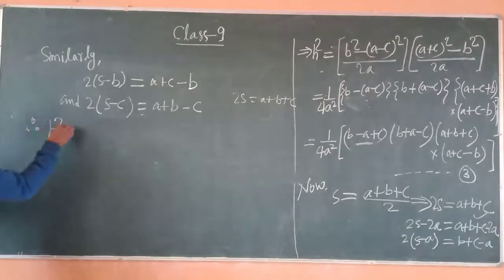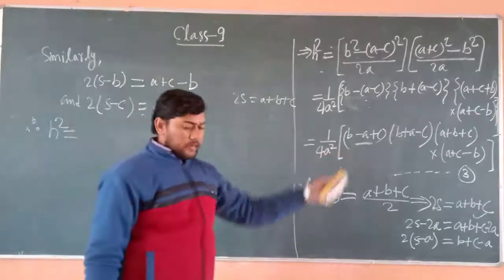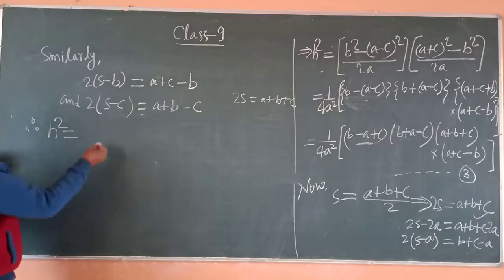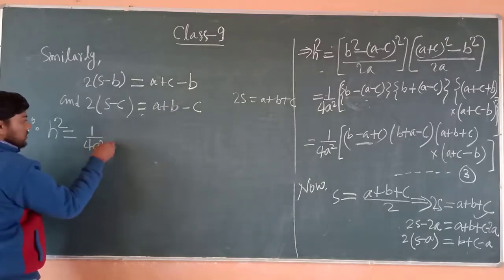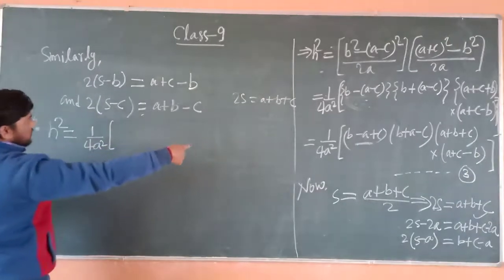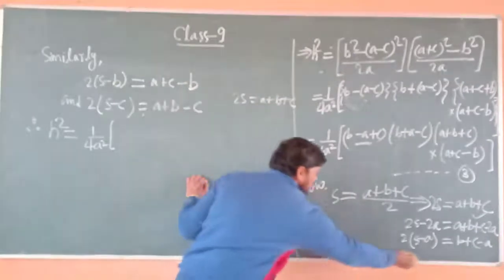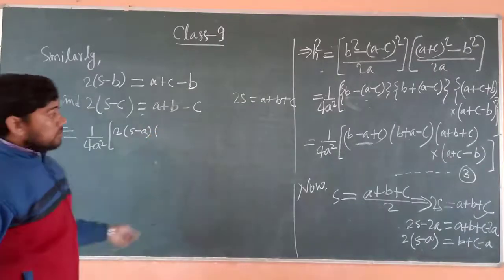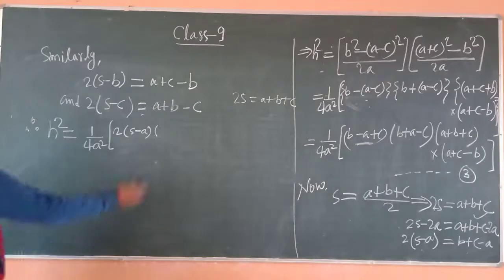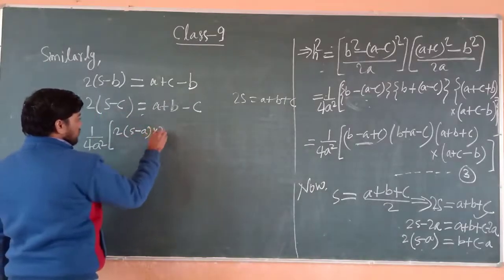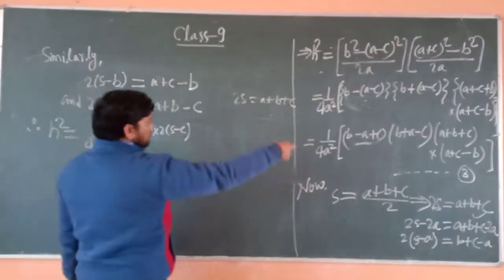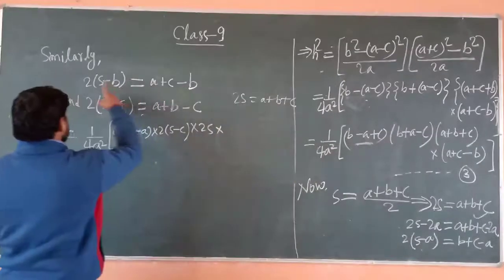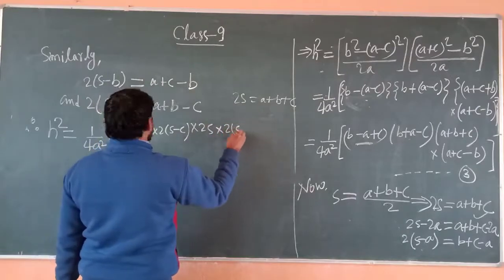Therefore, putting all these values in the third equation, h square is equal to 1 upon 4a the whole square into 2(s minus a), 2(s minus c) and a plus b plus c which is 2s, into a plus c minus b, 2(s minus b).